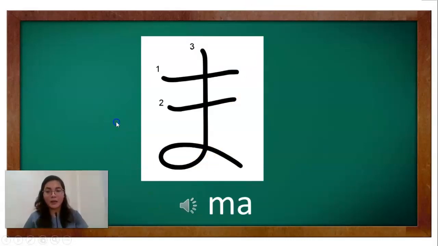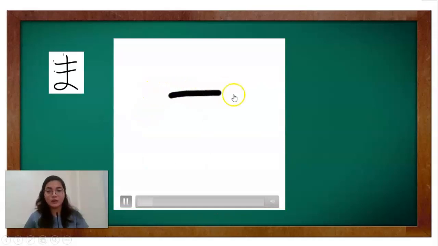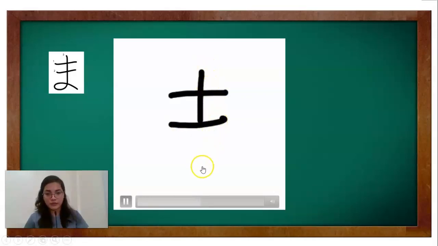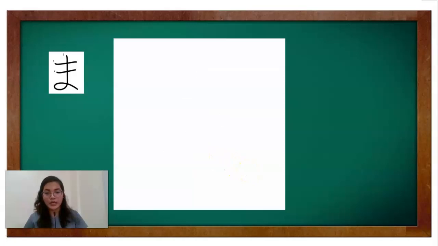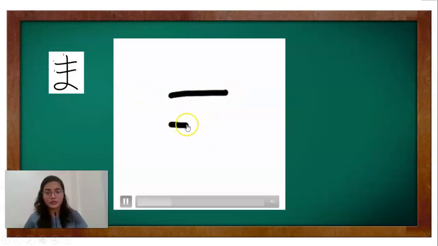And now, let's proceed to the next one, which is ma. Okay, ma has 3 strokes. 1, 2, and 3. Okay, let's try it again. 1, 2, and 3.